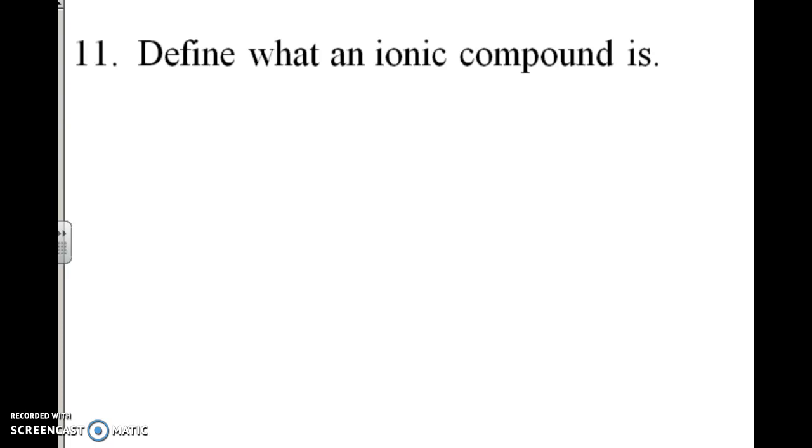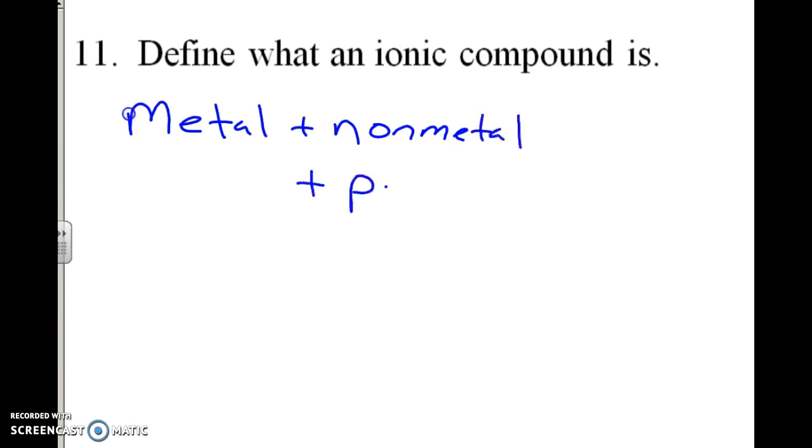Number 11, what is an ionic compound? Well, it's a metal and a nonmetal. Or it's a metal and a polyatomic ion.